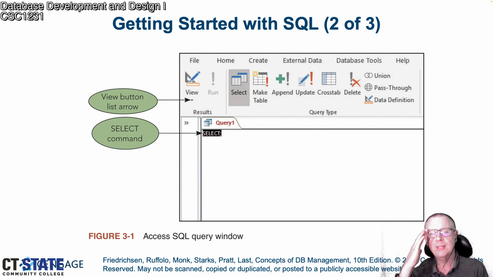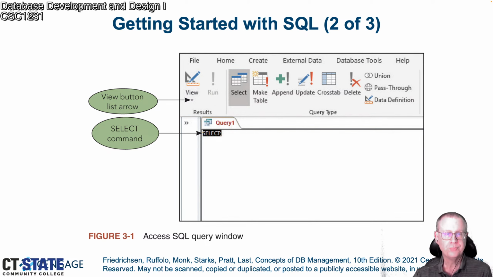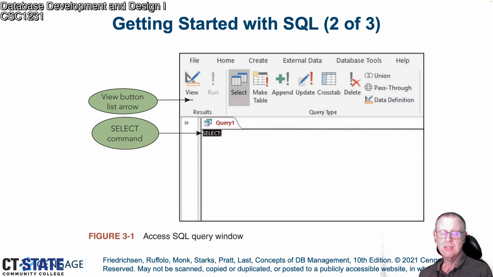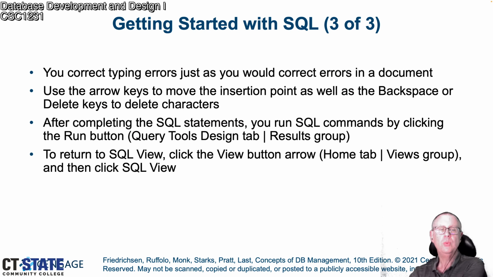Right, so here's the view onto Microsoft Access, and we're building a query. That query editor is just like a text editor. You can select stuff to delete it, you can cut it, you can paste it, you can do whatever you normally do with a text editor.